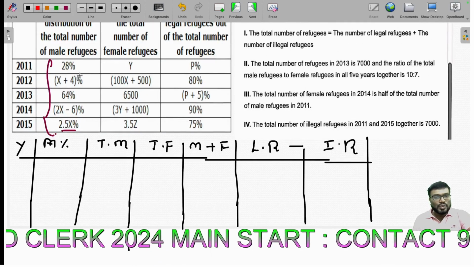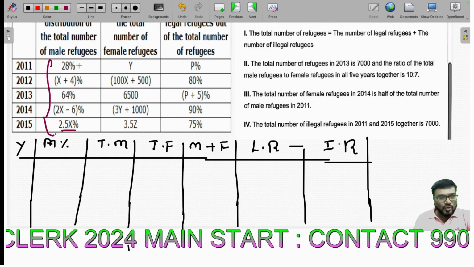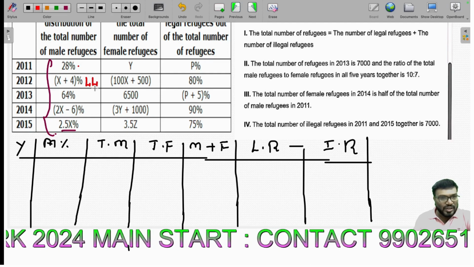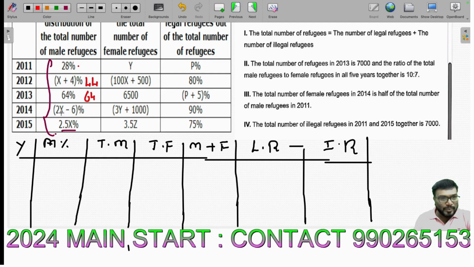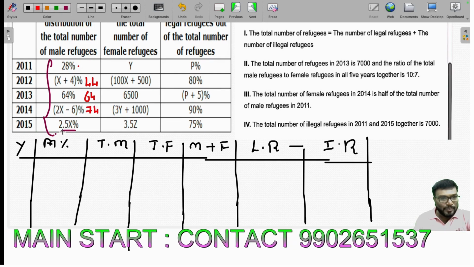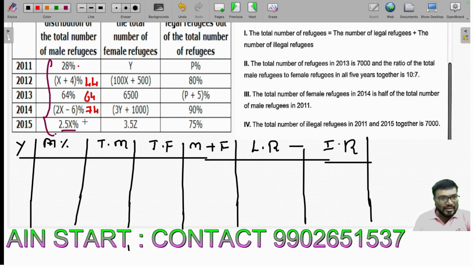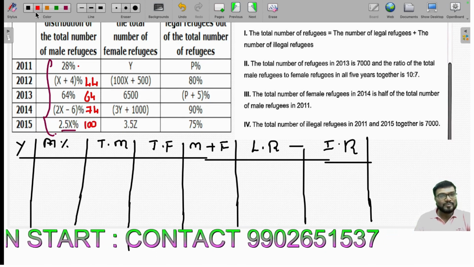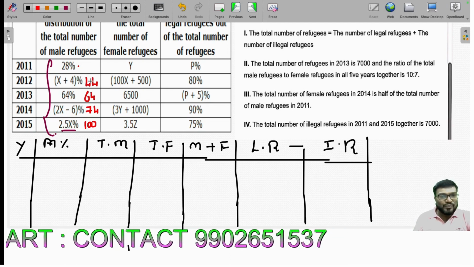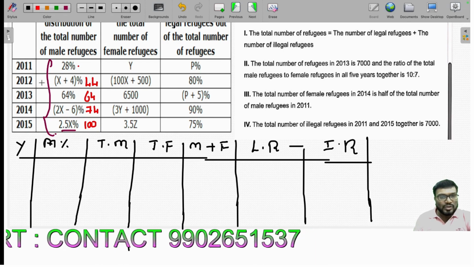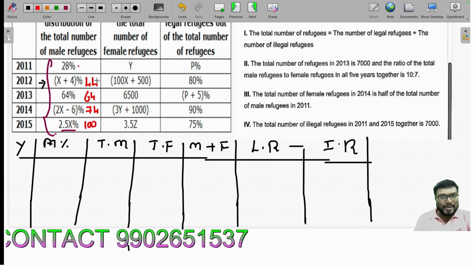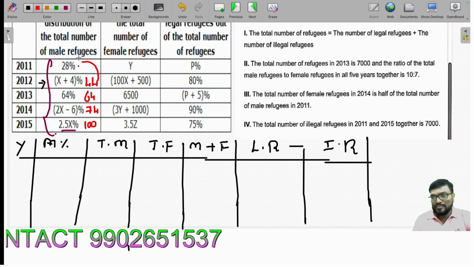If I substitute x equal to 40 here: 28, then 40 plus 4 is 44 percentage, then 64 percentage. 2 into 40 is 80 minus 6, 74 percentage. 2.5 into 40 is 100 percentage. Now cumulative, I told you: this 44 is the value up to 2012, so to find the 2012 increase we subtract 44 minus 28.